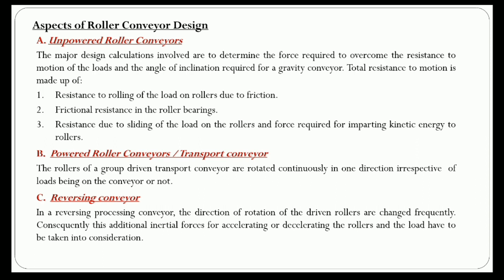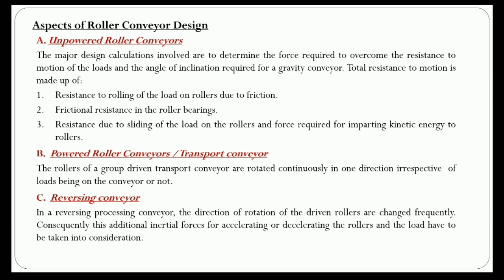When we find out the carrying capacity, since it is a powered roller conveyor, we also take the resistance into consideration. But our main outcome will be finding out the mean power required to drive the powered roller conveyor.